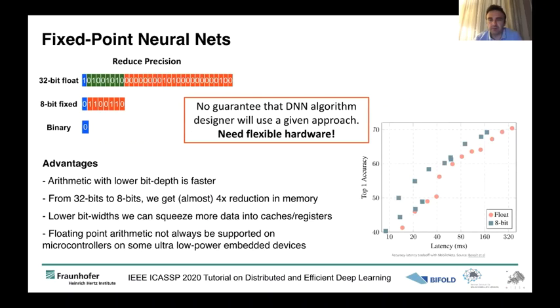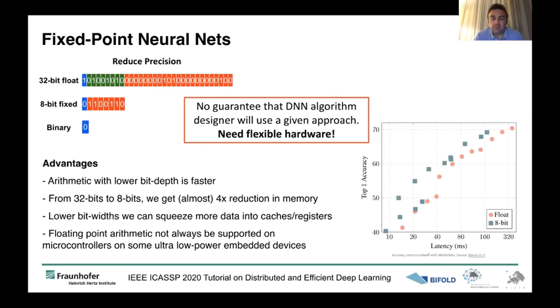One very simple approach is to use fixed point neural nets, and people have shown that it works quite well. So if you reduce from 32 bits to 8 bit integer, you get a reduction in memory. You often get a speedup.